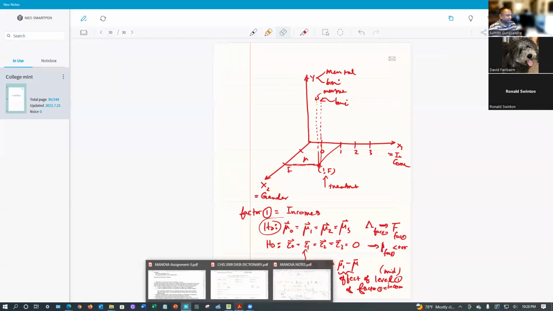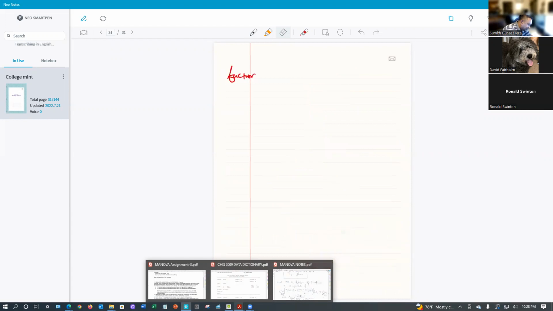So this factor 2, let's say factor 2, I'm going to write the factor 2, which is BMI. Okay, factor 2, I'm going to write H0. You can say mu naught in this one, mu 1, mu 2, or you can say H0 is beta 0, beta 1, beta 2, beta 3 equals 0.